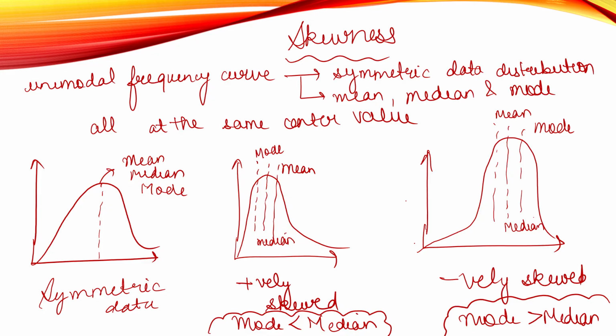So after this we'll understand some terms like dispersion, range, and then we have to understand interquartile range. So what is dispersion? Dispersion of a data is used to understand the distribution of data, how it is distributed.